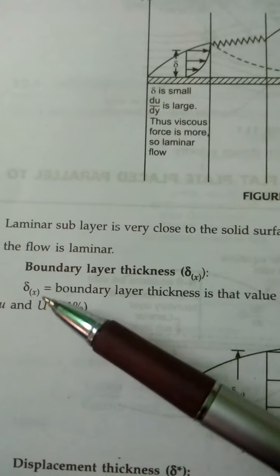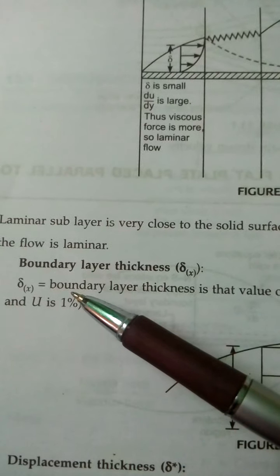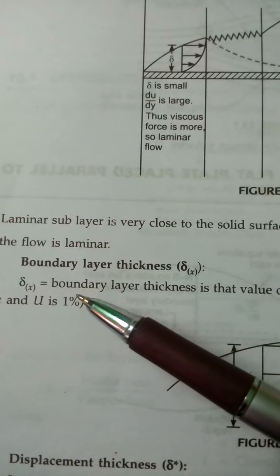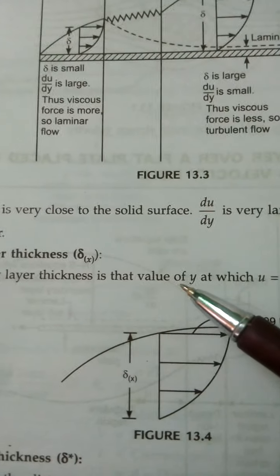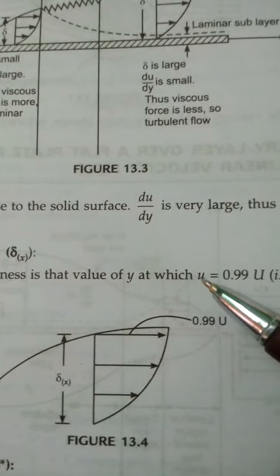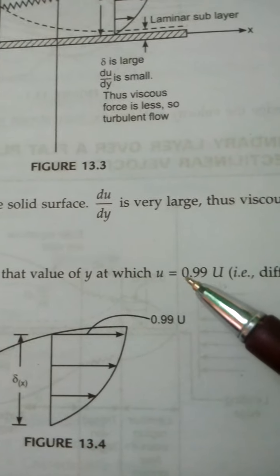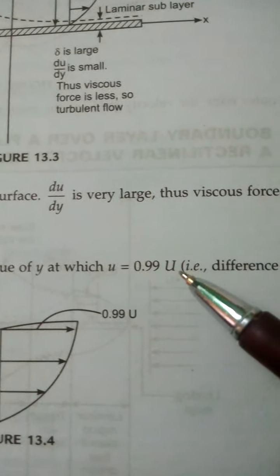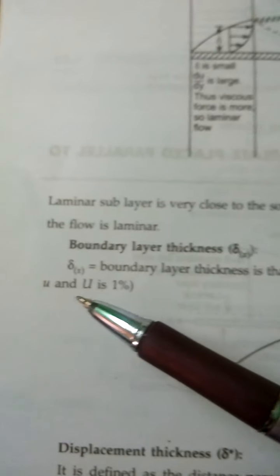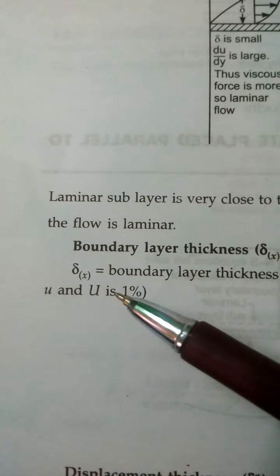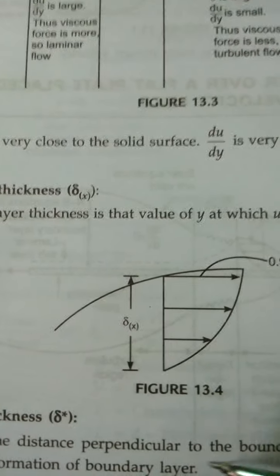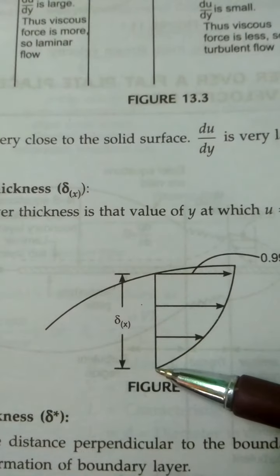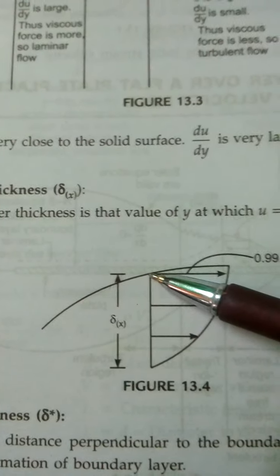Only the definition; delta x we will find out mathematically. The boundary layer thickness is that value of y at which small u is equal to 0.99 U. There is a difference between u and U of 1%.